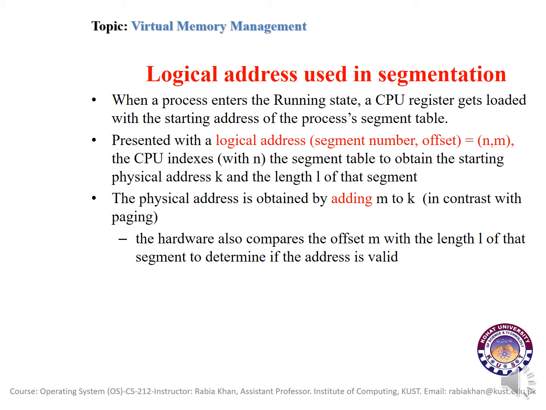The CPU then searches the segment table to obtain the starting physical address of the segment and its respective size. The physical address is generated by adding the offset to the starting physical address of the segment.